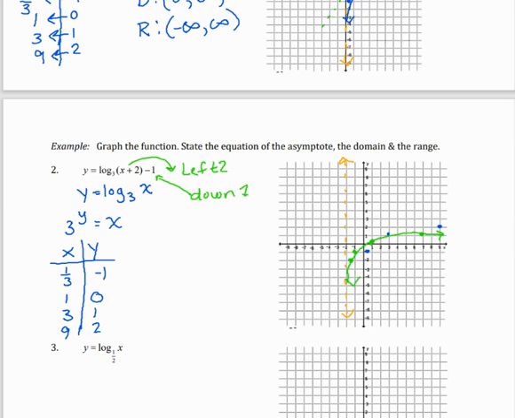And there we have it. So what's my vertical asymptote? It is x equals -2. My domain now is from -2 to infinity. I'm not including -2, right? I have parentheses. And my range, again, will be all real numbers.